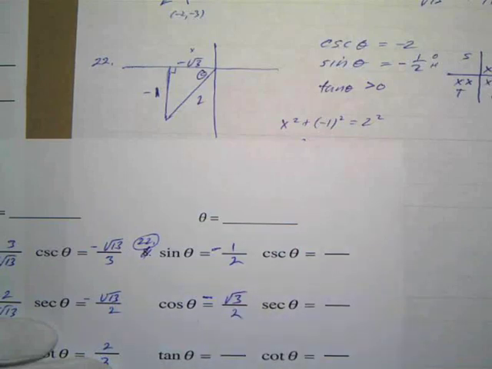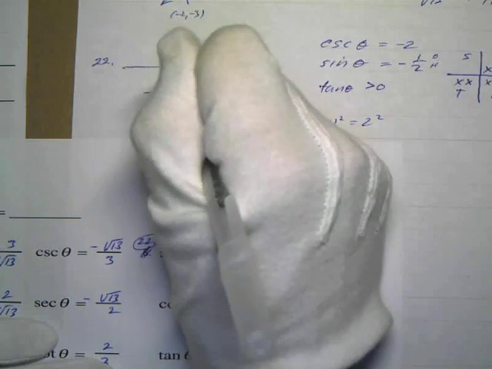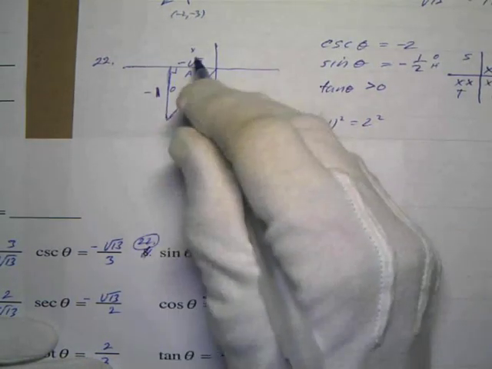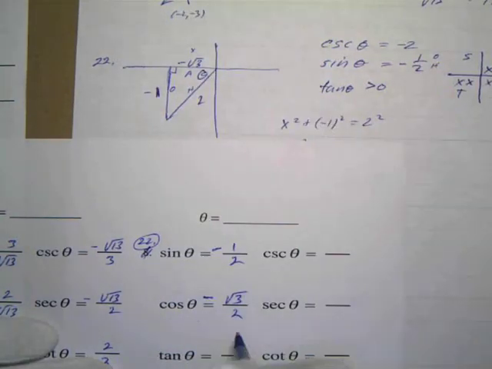And the tangent is going to be the opposite over the adjacent. Remember, this is the opposite, hypotenuse and adjacent. And so the tangent is going to be -1 over negative square root of 3, which is going to just be 1 over the square root of 3.